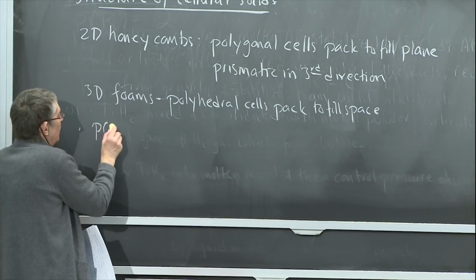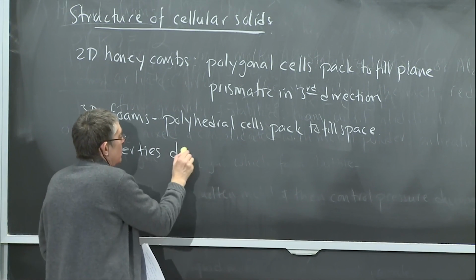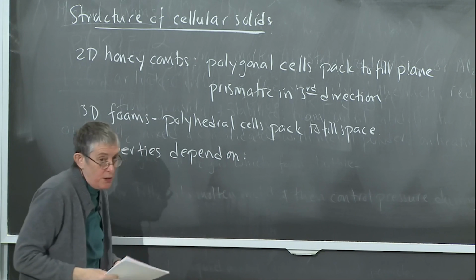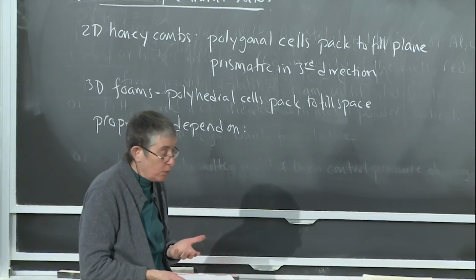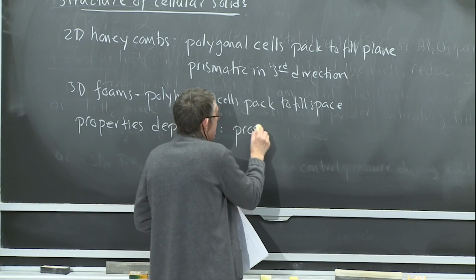So the properties of all of these materials depend essentially on three things. So they're going to depend on the solid that you make it from. You know, if you make the material from a rubber or from an aluminum, you're going to get different properties. So they depend on the properties of the solid.